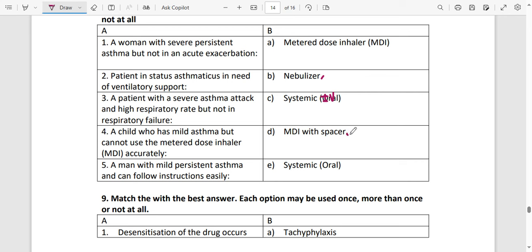So it's with a spacer, right? That's the one you use in someone like a child. They don't know how to use this thing. And then five, a man with mild persistent asthma and can follow instructions. If they can follow instructions, then you can tell them how to use the inhaler, so they'll be able to use it well.